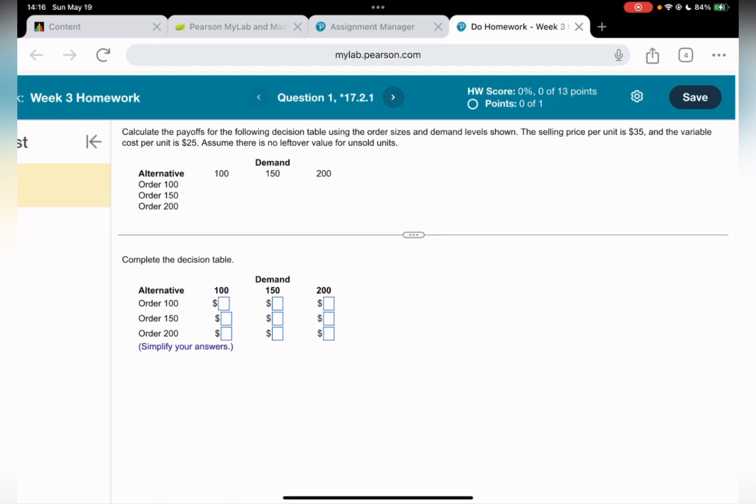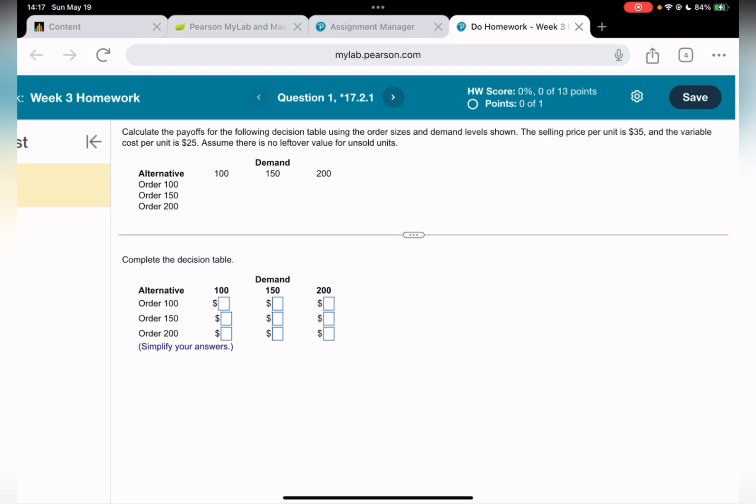Assume there is no leftover value for unsold units. So selling for 35, making for 25, it's a $10 difference.